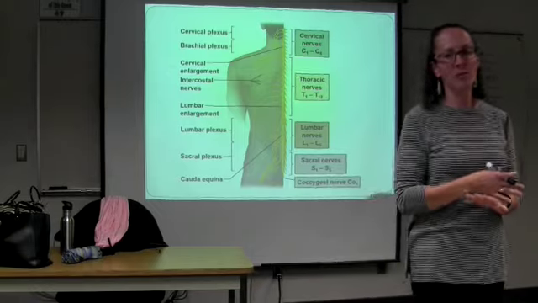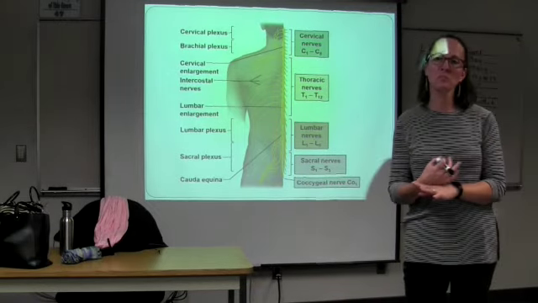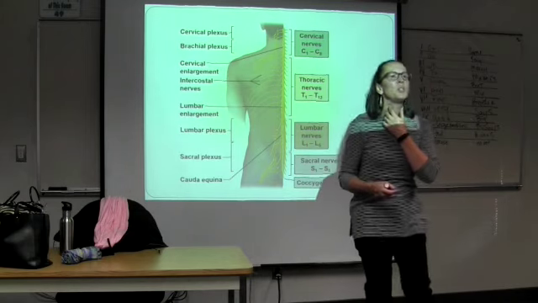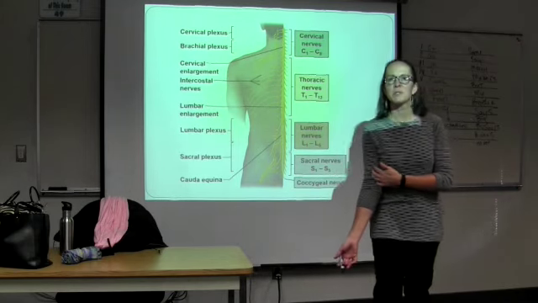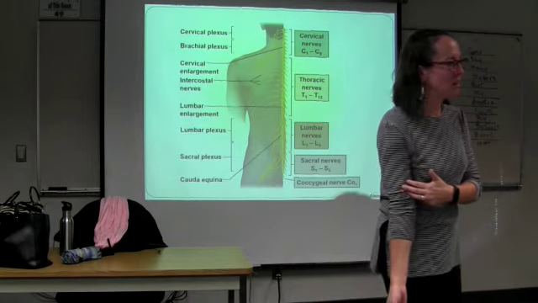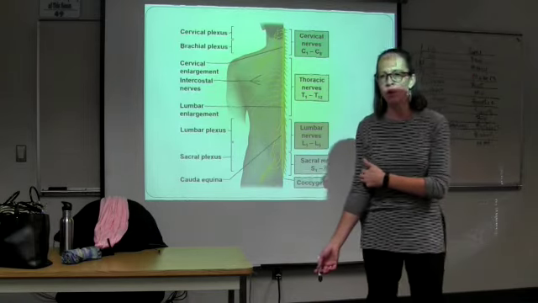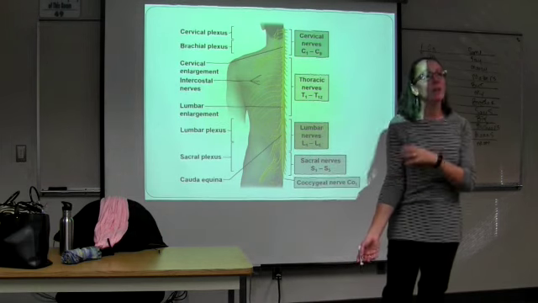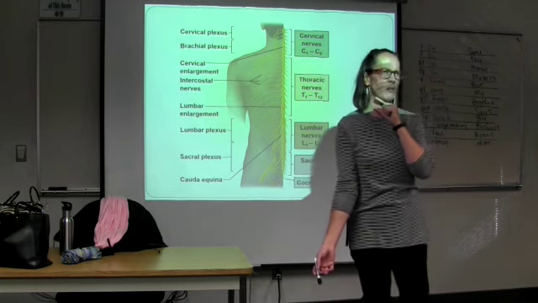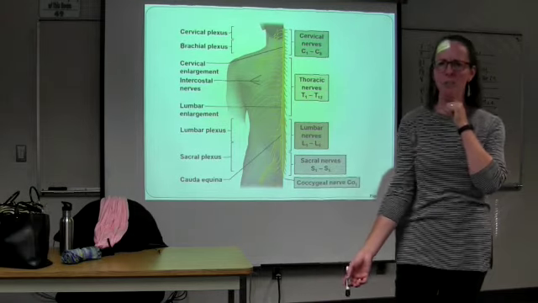Why would that be beneficial for us? What if C2 was the only nerve that went to my biceps, and I damaged C2 by having a huge herniation? Would my biceps work anymore? No. Instead, we mix a couple of nerve roots, I think it's 3, 4, 5, that goes to biceps.